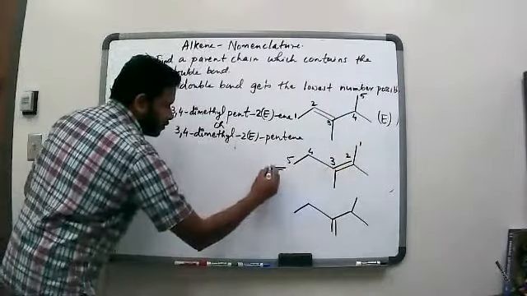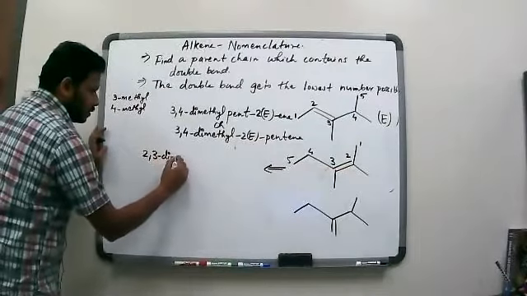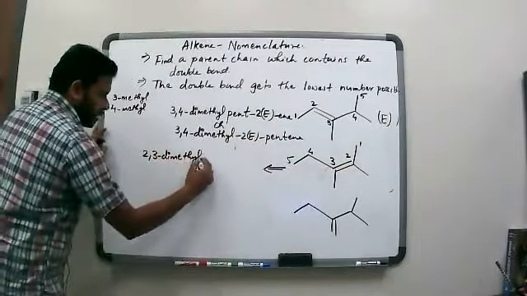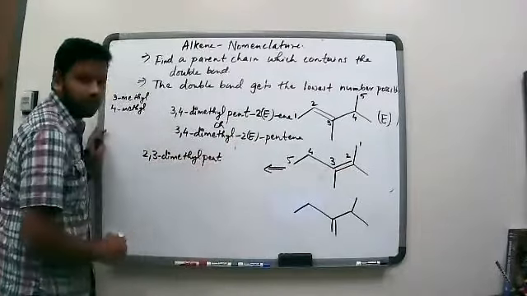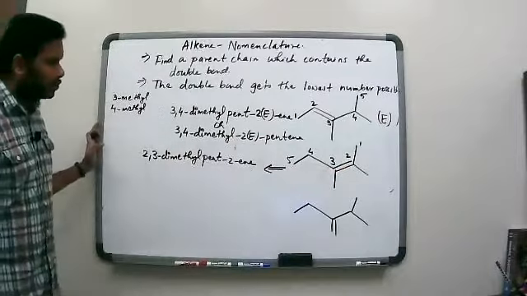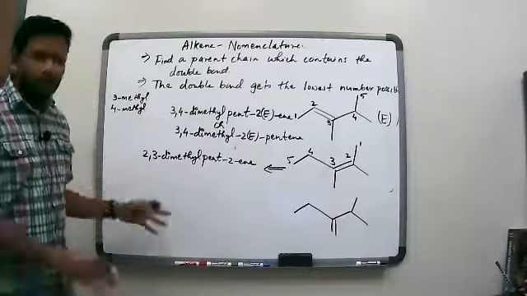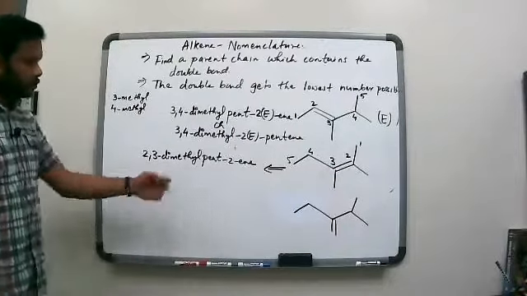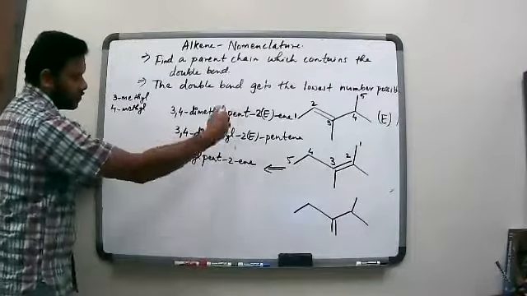So the name for this molecule is going to be 2,3-dimethylpent-2-ene. There's no E or Z for this molecule, so we don't have to include that. Or you could write it as 2-pentene. Realize that you can use those.